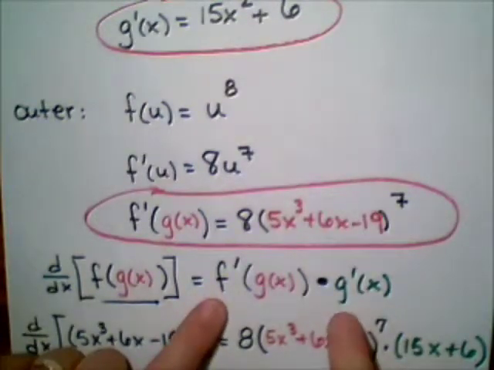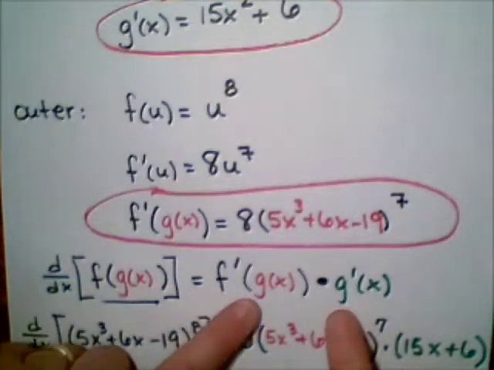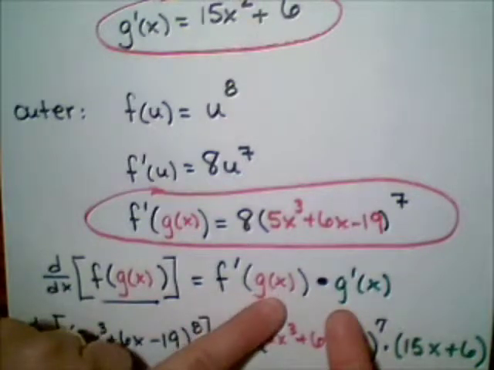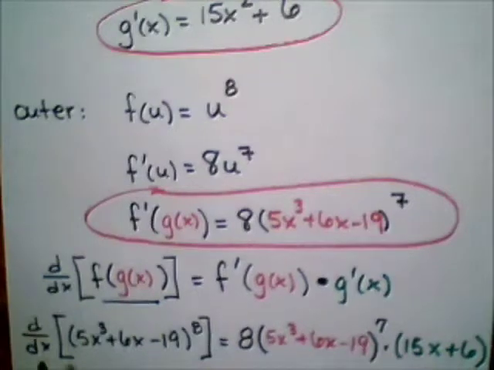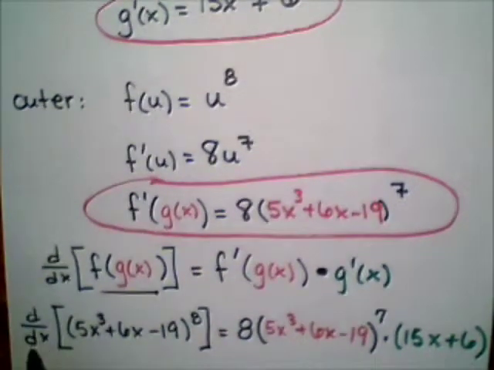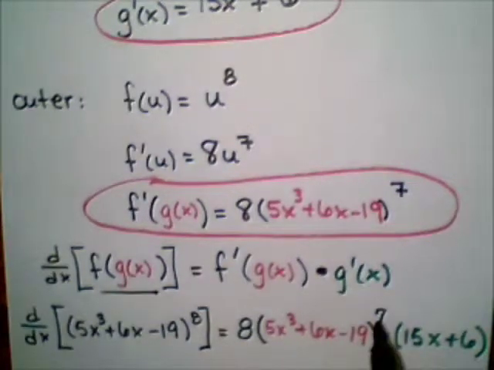Essentially, it's f prime times g prime. But here in red, I'm emphasizing that we've got to plug g of x back into f prime. Okay. So final answer, the derivative of the polynomial to the 8th power is 8 times the polynomial to the 7th times 15x squared plus 6, the derivative of the innermost function.